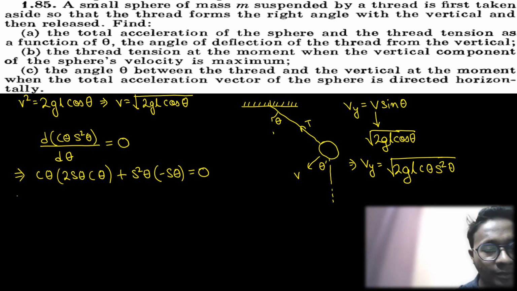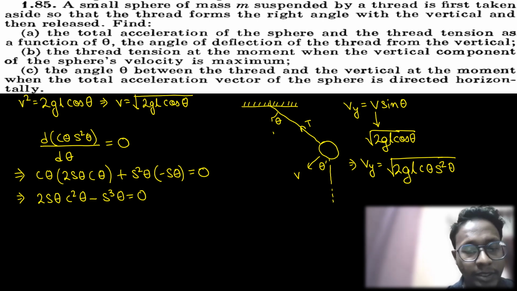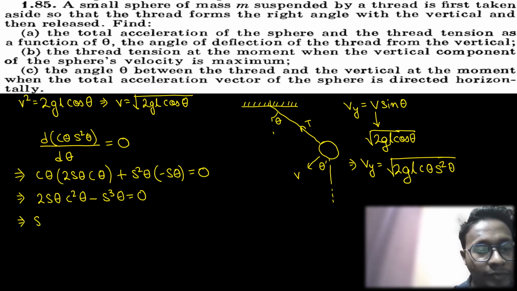Or 2 sin theta cos square theta minus sin cube theta is equal to 0. So out here, if I take sin theta common, 2 cos square theta minus sin square theta is equal to 0.